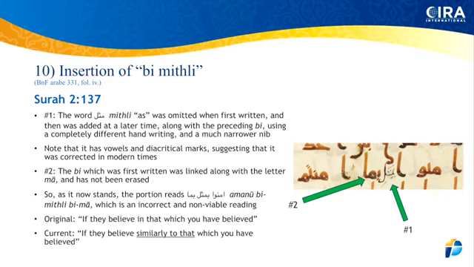This is incompetence, but it's more than that. It shows, obviously, that this was added at a later date. There's something else you can see in bimithli that shows it was added much later, because there you can see the diacritical dots. I'm glad you brought this up, because these diacritical marks are a later invention.